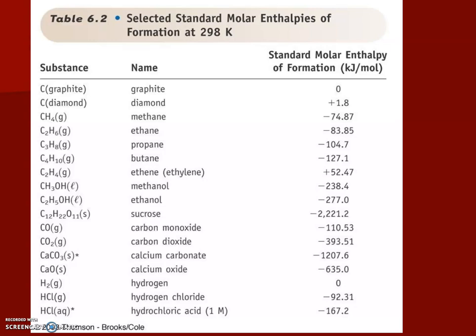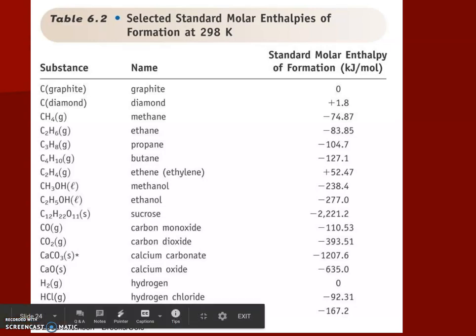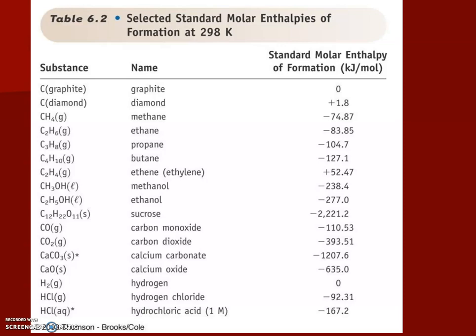Where your methane, ethane, propane, butane, so changing your different carbon amounts, you're going to see that they take more and more energy. The larger the substance, usually it's going to have more and more energy inside of it. Ethanol, sucrose, etc., as you travel down. And notice again, hydrogen is going to be 0 because hydrogen exists in nature.